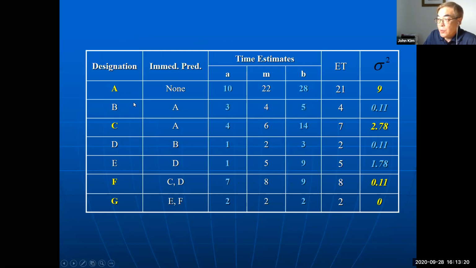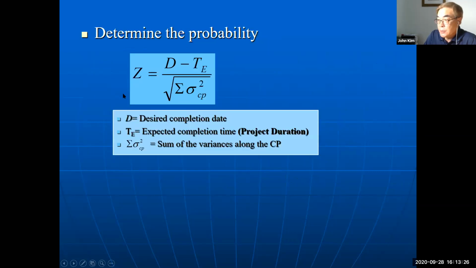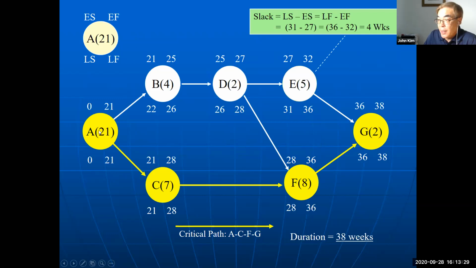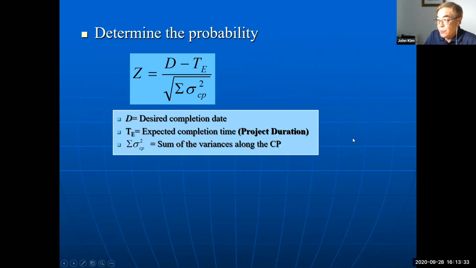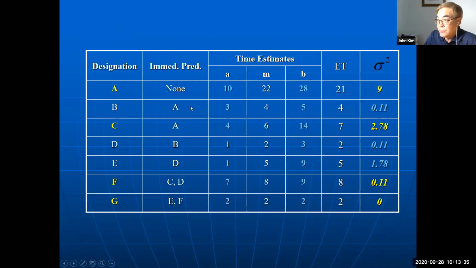So add only on critical path. The critical path is ACFG. So we need variances on critical path A, C, F, G. So 9, 2.78, 0.11, and 0.